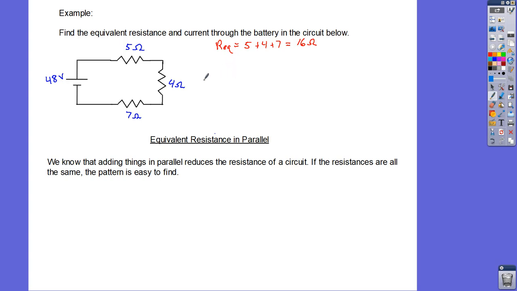And so what I'm saying is that this circuit is equivalent to having our 48 volt battery with one 16 ohm resistor.